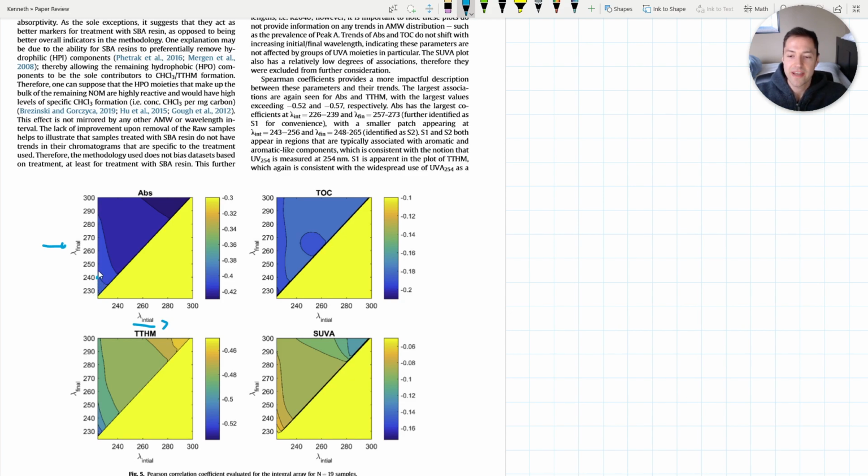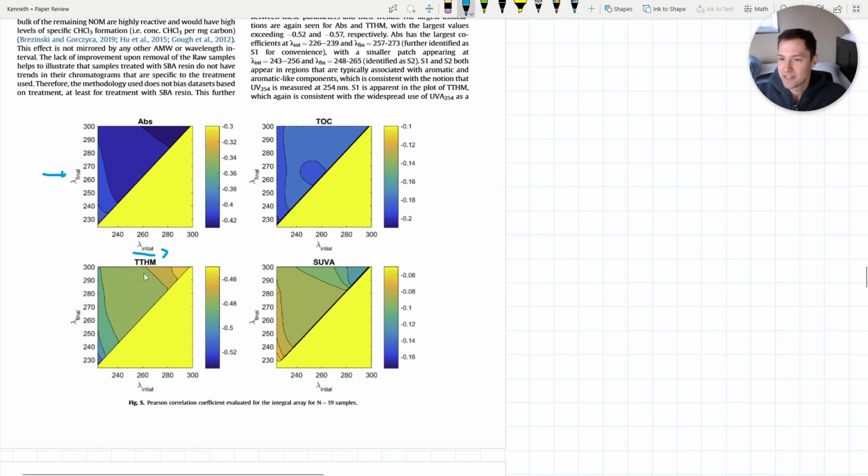Okay, so if I integrated between 210 and 240 and saw if that correlated to the reduction in, let's just say, trihalomethanes, then this would appear higher. So these are Spearman correlation coefficients, and these lambda initial and lambda finals refer to the ranges that we chose.